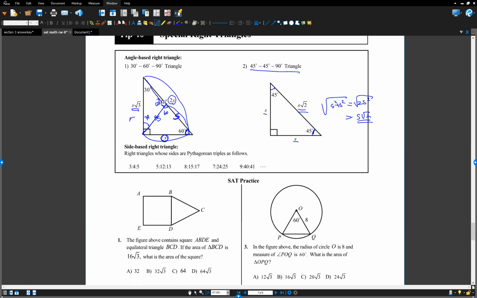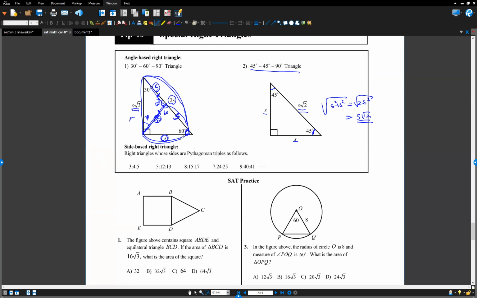The other triangle is isosceles again. These two sides should be equal in length. So that's why from here to here it's 2s, and this side is s.